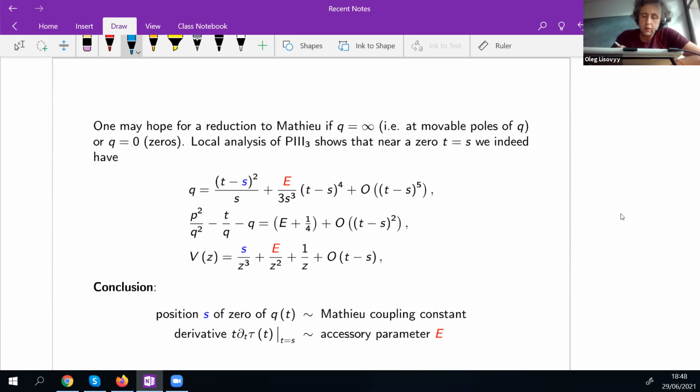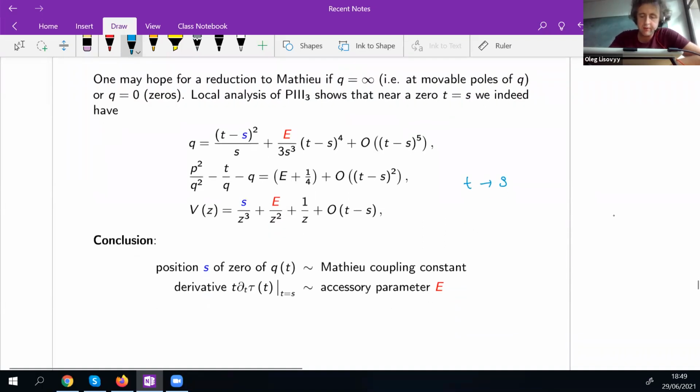Therefore, if we just send our time variable to a zero or to a pole of the Painlevé function, then we get exactly the Mathieu potential.